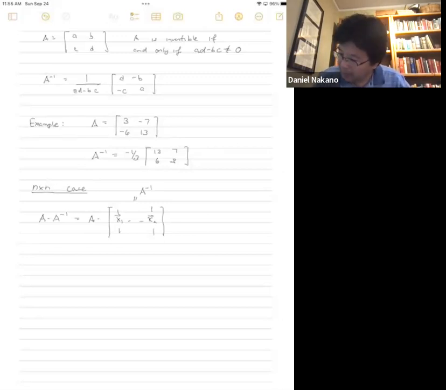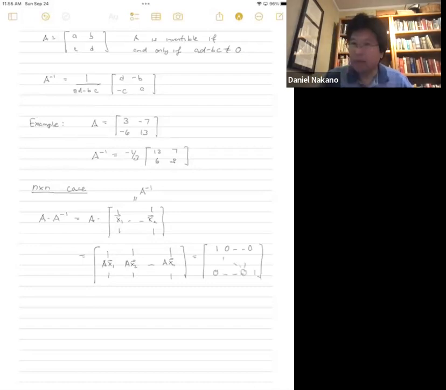Now, when I write this out and apply A, this is the same as taking A on x1, A on x2, and A on xn. And remember, we're assuming that this is the identity matrix, with ones down the diagonal.